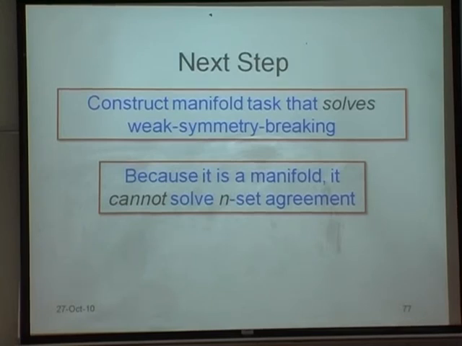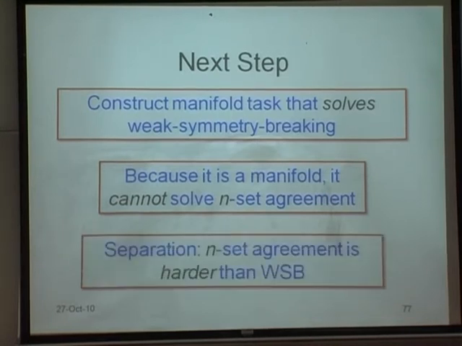Now, the manifold task that I'm going to put together is a little bit artificial in the sense that it exists only to prove this point. So Intel is not going to start selling a machine that has hardware instructions that do this sort of thing, and you'll see why in a second. But it does show us, in a mathematical sense, that there's a separation between these problems.